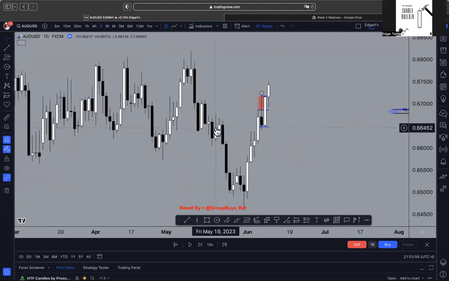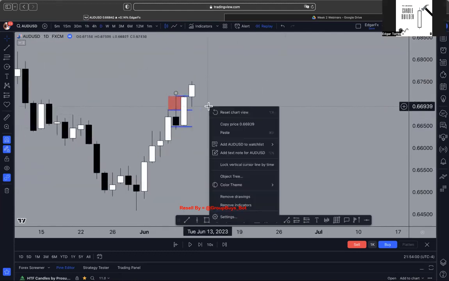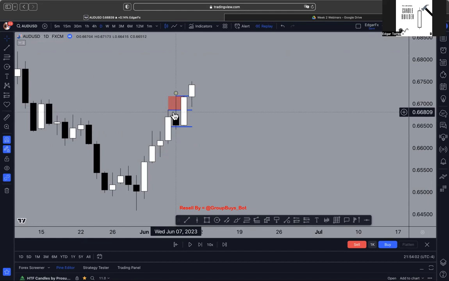But anyways, in this example, when the market was on the outside, it would have been a good area to find a sell to close back on the inside.